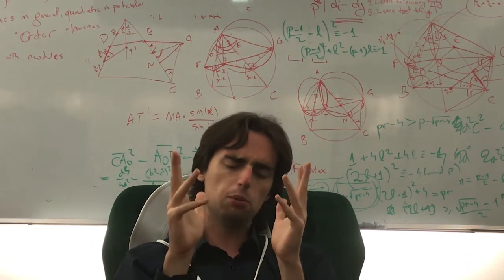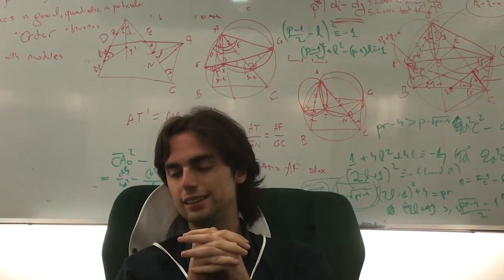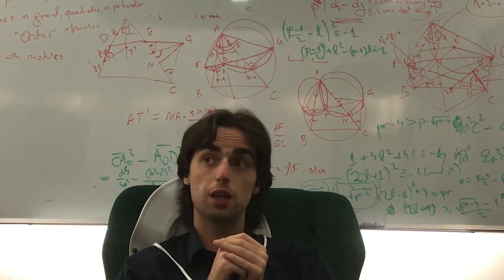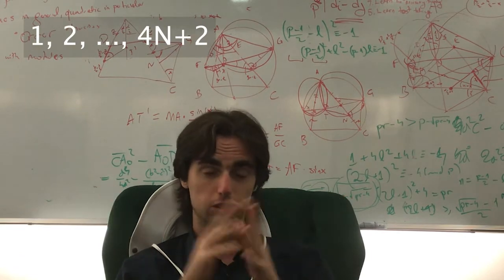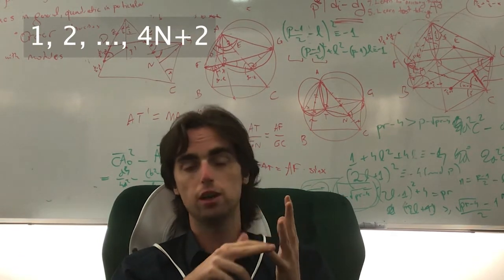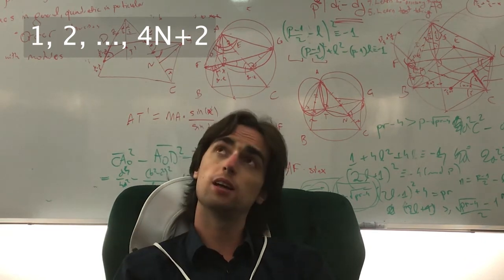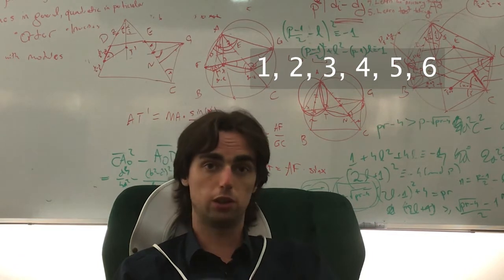But an example with invariance, where you're actually looking at end states, is a problem where n is a positive integer, and you have numbers 1 through 4n plus 2 written on the blackboard. So you have 1, 2, 3, 4, all the way till 4 times n plus 2. An example is, say you have numbers 1, 2, 3, 4, 5, 6 written on the board.